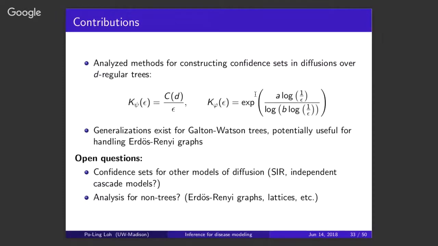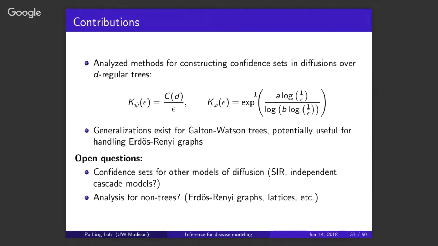But then there's a lot more work to be done. We've thought about this a lot, but we haven't really been able to say much about anything else. The hunch is that whenever you have some kind of regular or uniform spread in all directions, then probably some kind of confidence set calculated in terms of these centrality notions should work.